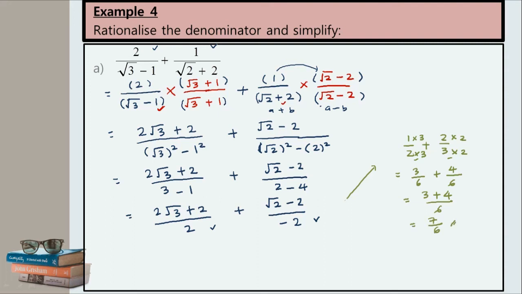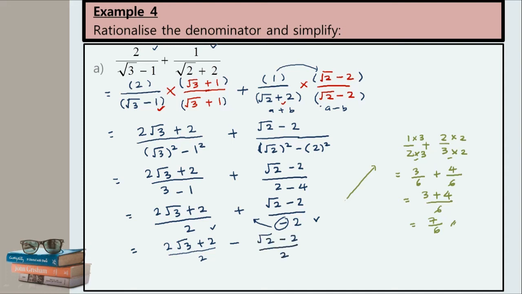Jadi konsep yang warna hijau ni kita akan guna kepada konsep yang biru ni. So salah satu cara adalah negatif ni kita keluarkan dia. So kita akan dapat 2 surd 3 tambah 2 per 2 tolak surd 2 tolak 2 per 2.